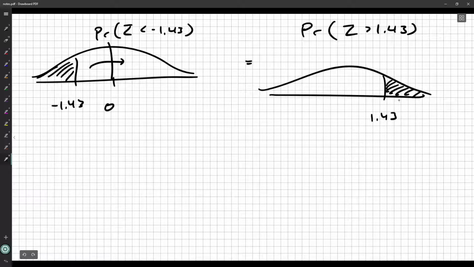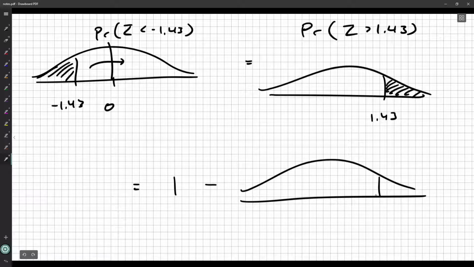But now the area is shaded over here on the right. Our table doesn't deal with areas on the right of positive z values, it deals with areas on the left. So we'll take the whole area under the bell curve, 1, and subtract away the area on the left. And that, at least, is something that can be looked up.